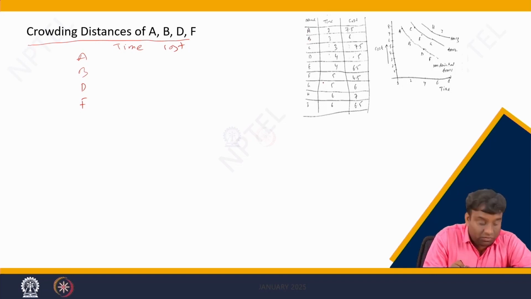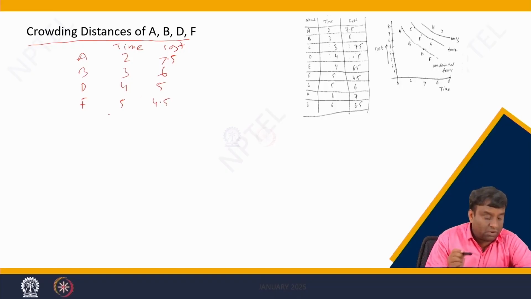For A, time is 2 and cost is 7.5. For B, time is 3 and cost is 6. For D, time is 4 and cost is 5. For F, time is 5 and cost is 4.5.